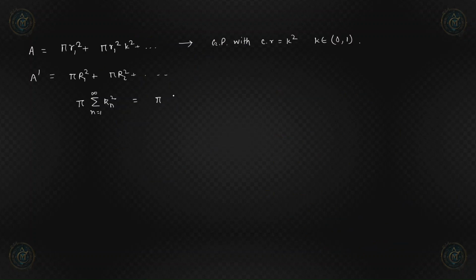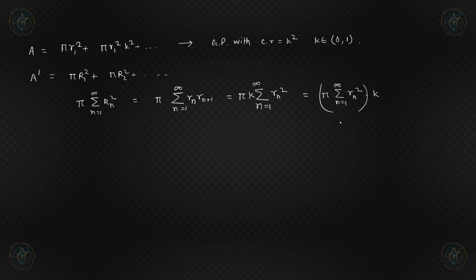That means pi times the summation of small rn times small rn plus 1, where n runs from 1 to infinity. Rn plus 1 we can write as k times rn, so rn square times k. So pi times the summation n equal to 1 to infinity of small rn square times k.